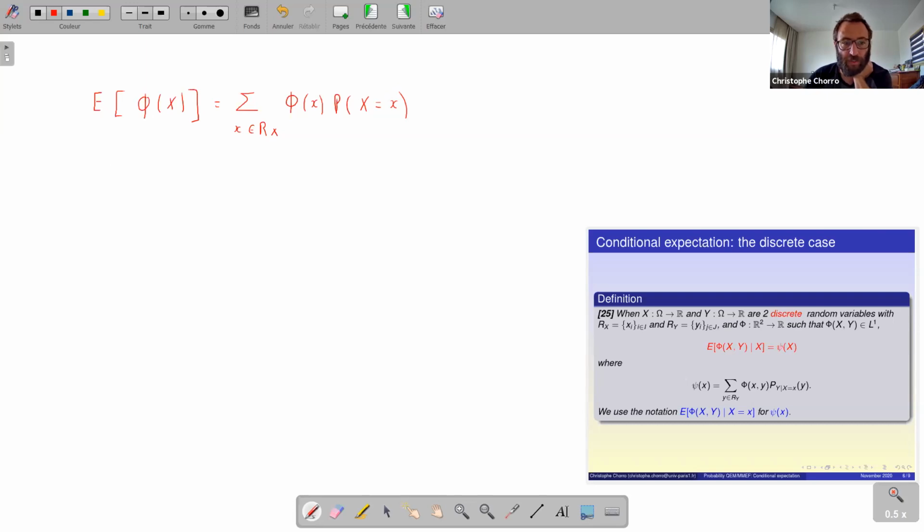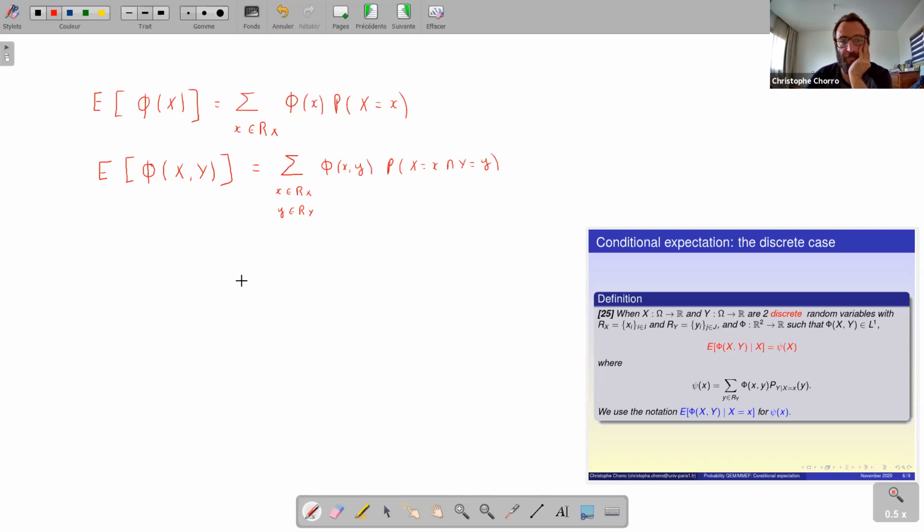In the same way, if I have a pair of discrete random variables, and I want to compute the expectation of a function of X and Y, I will have a double sum to do here. It will be a sum over all the possible values for X and all the possible values for Y of phi of x, y, multiplied by the joint probability mass function.